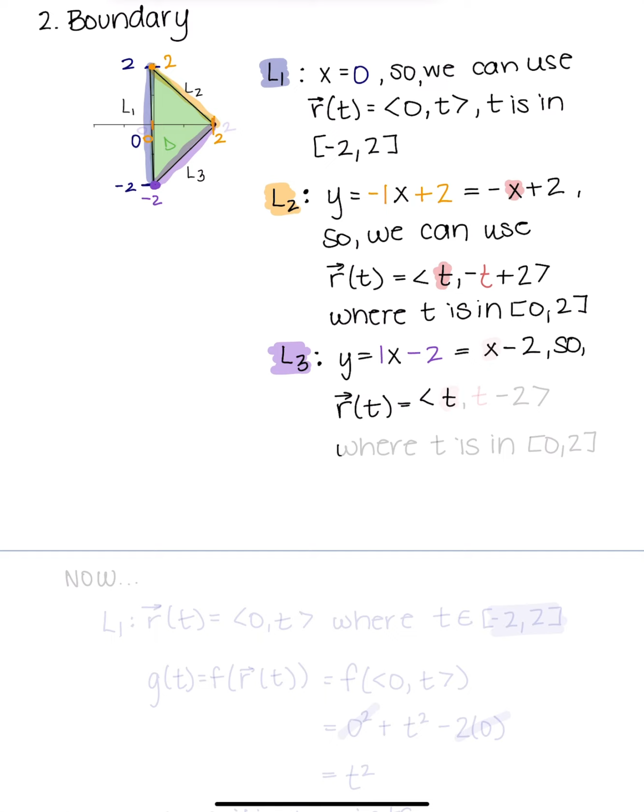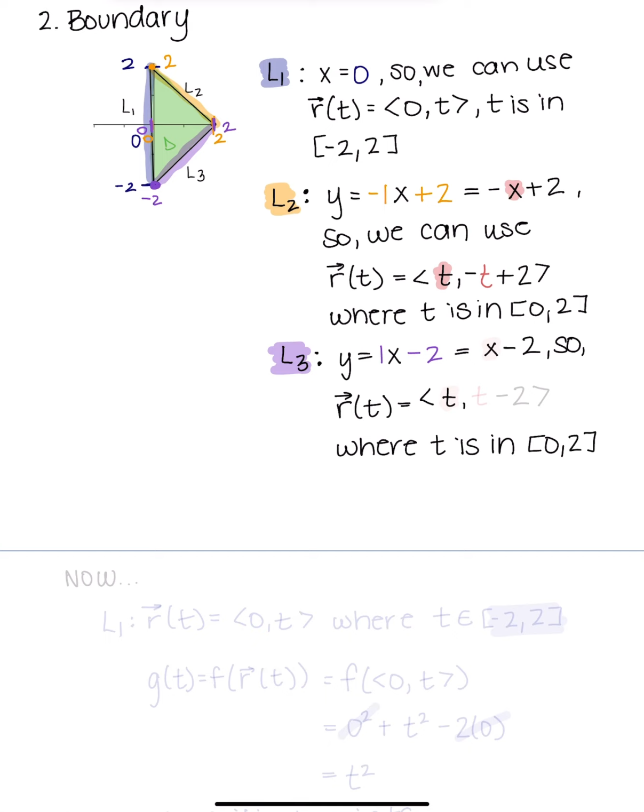And be careful, let's figure out where our t's are. Where t is in, remember our t's here, which would be our x's, are going to range from 0 to 2 again, just like the last line, comma.